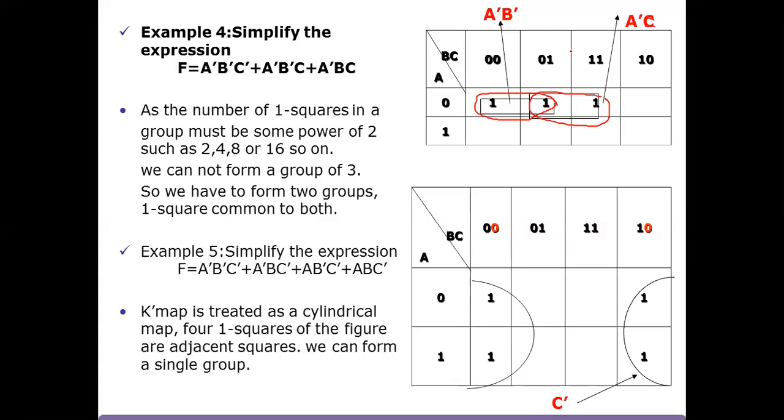final answer. And the next expression, A dash B dash C, since it has 0, 0, 0, we mark this cell as 1. And here A dash B dash C, 1, 0, 1. So it should be 1.